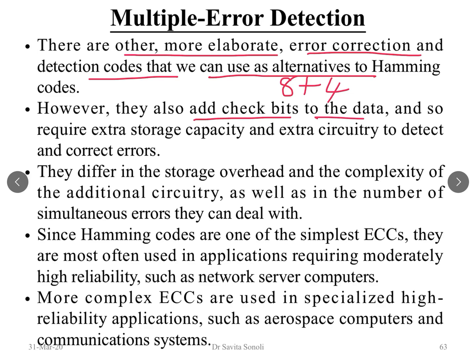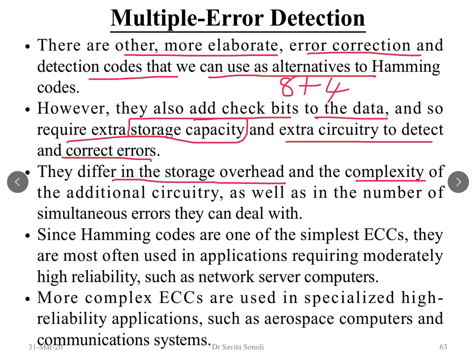So they add check bits to the data bits and so require extra storage capacity. To store additional bits, you need extra storage capacity and extra circuitry to detect and correct the errors. They differ in the storage overhead, the complexity of the additional circuitry, as well as in the number of simultaneous errors they can deal with.